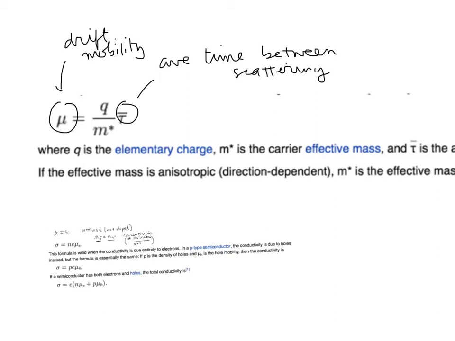So the thing that I'm trying to point out here is that people were asking how is it that you have a high mobility in semiconductors or insulators? It doesn't make sense. Well, actually, semiconductors and insulators have very open structures.